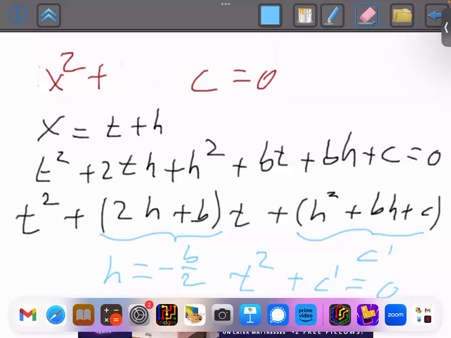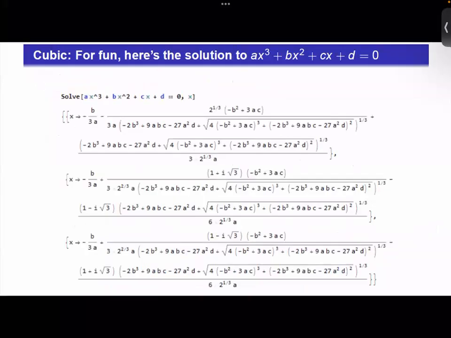So when we're looking at what's going on over here, I can always adjust x to kill the next highest power term. If it's a cubic, I can kill the quadratic term. If it's a quadratic, I can kill the linear term, and so on.